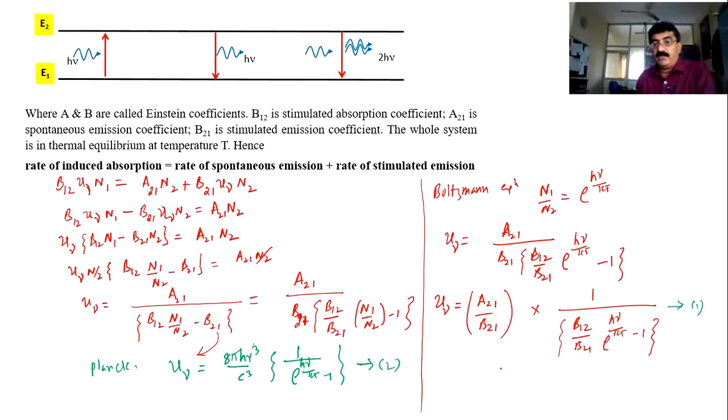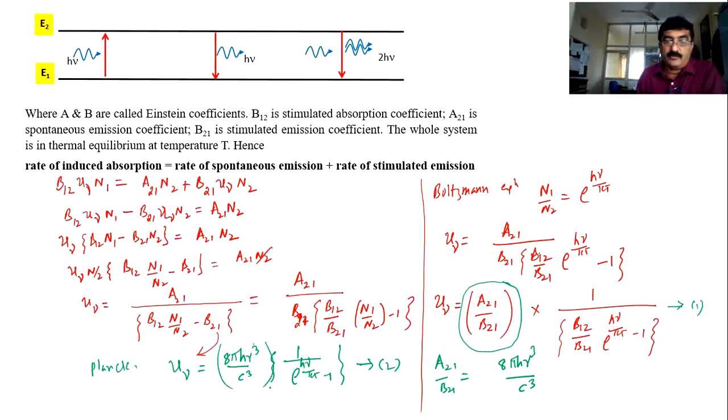Now if you compare equation 1 and 2, what we can say is A21 by B21 is equal to 8 pi h nu cube by c cube. In the place of B12 by B21 what I have is 1, that means B12 is equal to B21.